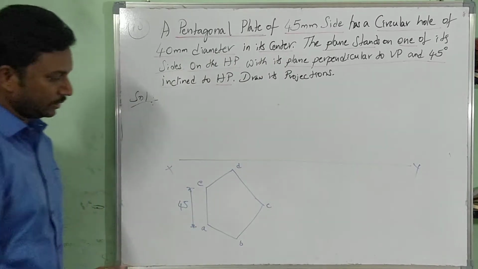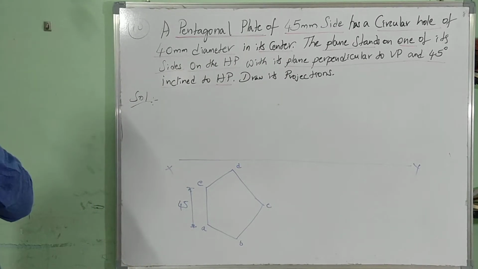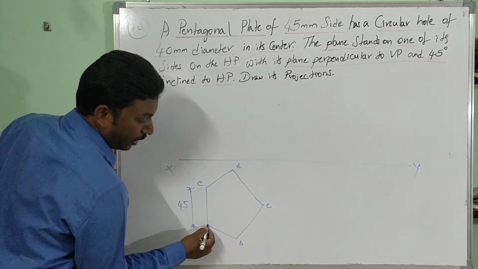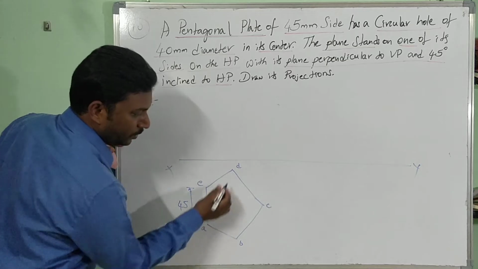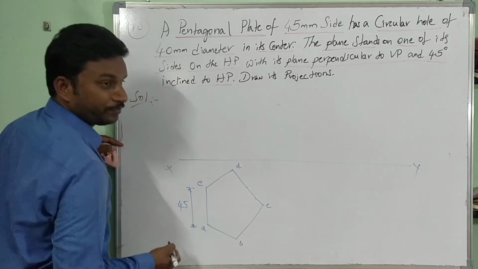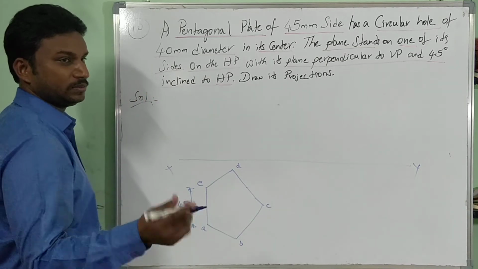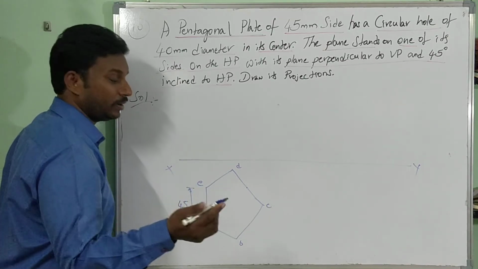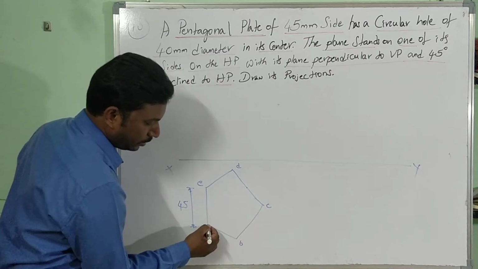How to plot the center? See, the centroid of the pentagon is something different. Pick any corner and the middle point of the opposite side; you find the middle point by drawing a perpendicular bisector. From here, draw a line.